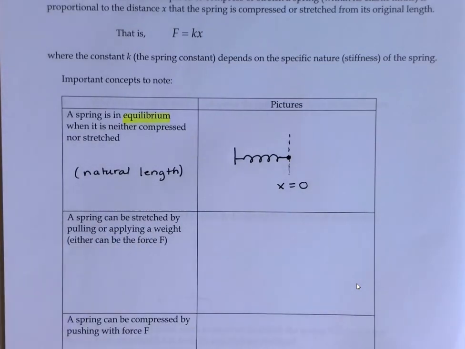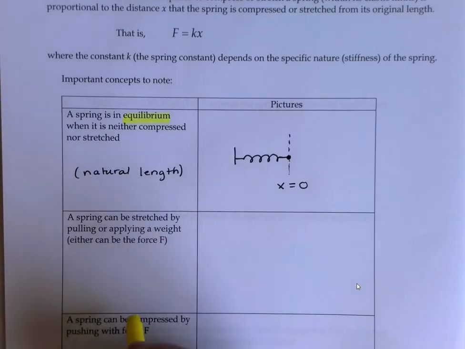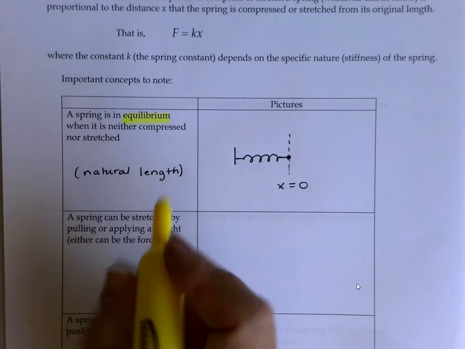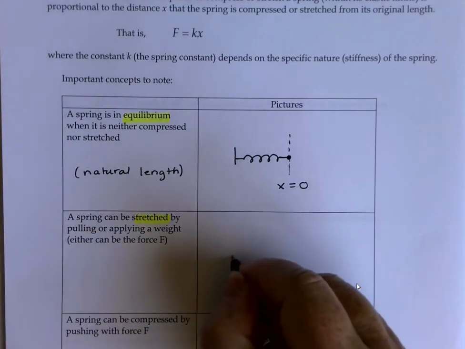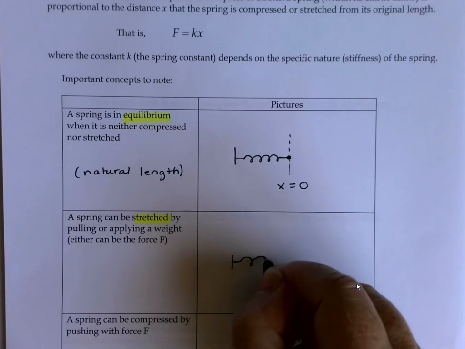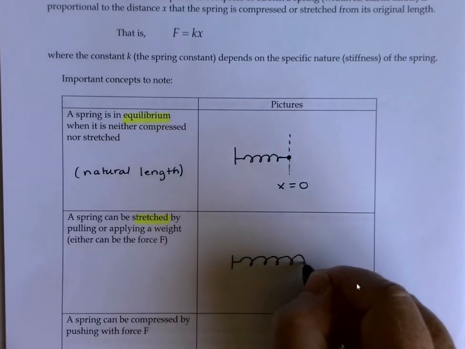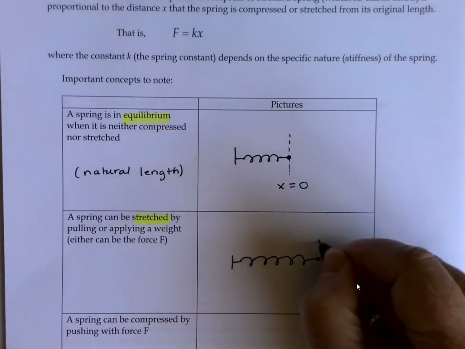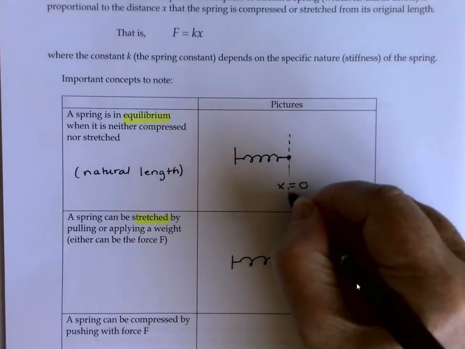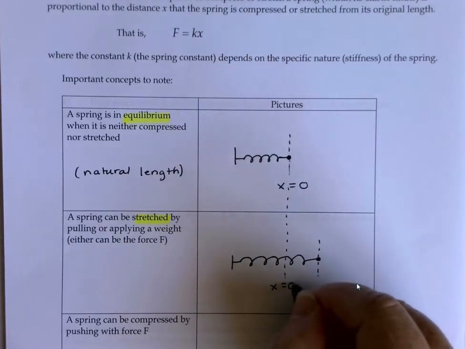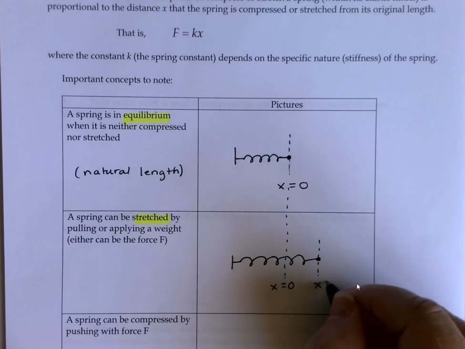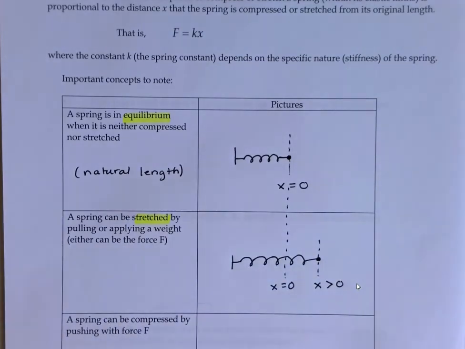A spring can be stretched by pulling on the spring or applying a weight. Either the pull or the weight itself could be the force. So if we stretch our spring, in other words, go beyond the equilibrium position, here was x equals 0, the natural length, and here's going to be an x that's greater than 0. We consider the stretch to be a positive x value.